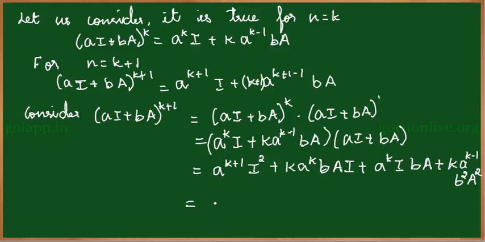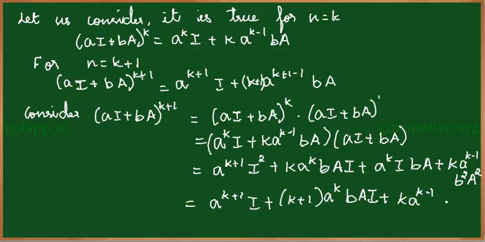This is equal to a^(k+1) I squared, which is I itself, plus, from these two terms, (k+1) a^k bA into I. Since in both cases we have a^k bA I as common, I have taken it common. So we are left with (k+1) plus k a^(k-1) b squared into A squared. So we have an A squared term.